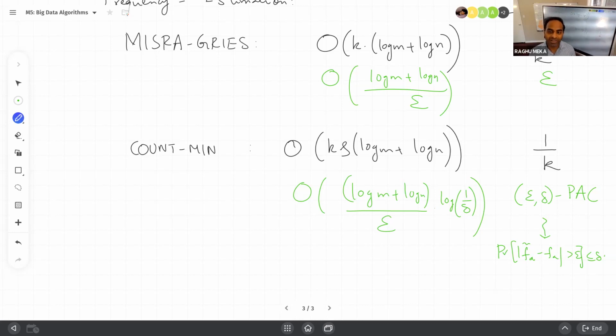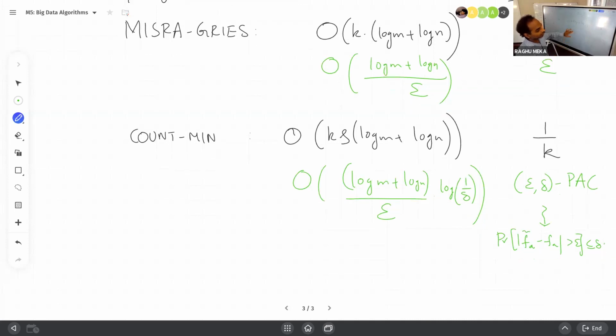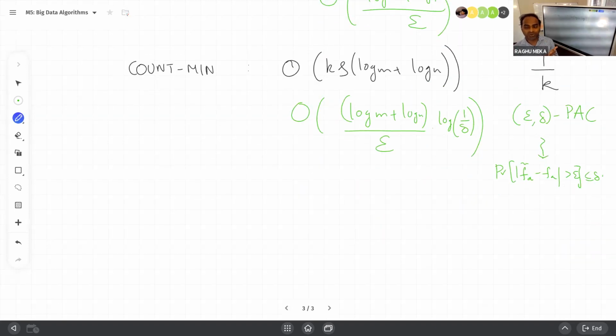What if I want to find out the distribution of the visitors? Is it just one country which is highly dominant in terms of the number of visitors versus another country, or things like that? Okay. So I want to infer properties of the counts of each element in the stream.